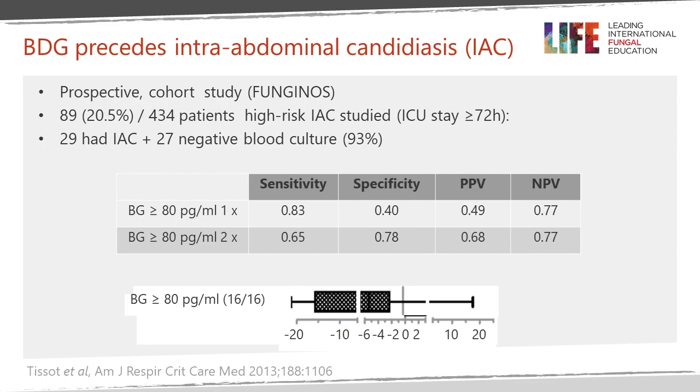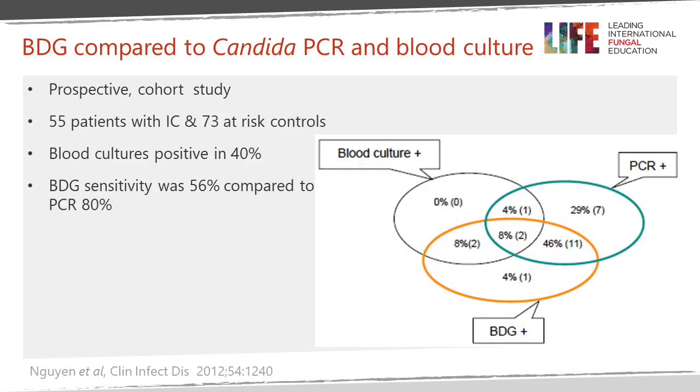And what's important about this study is that the tests that were positive some days before the disease was clinically manifest. So this was an early marker in those who had a positive test. In this study from Pittsburgh, Hong Nguyen and colleagues looked at 55 patients with invasive candidiasis, many of whom had intra-abdominal candidiasis, and 73 at-risk controls.